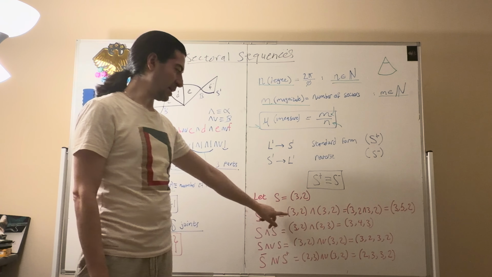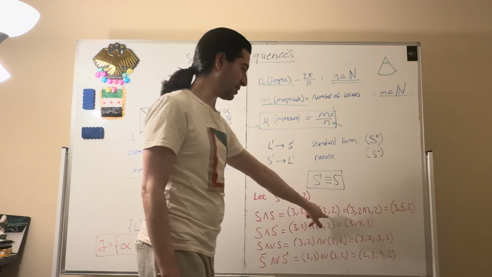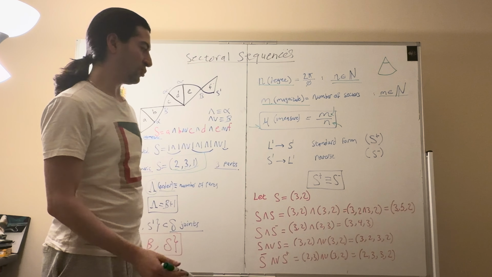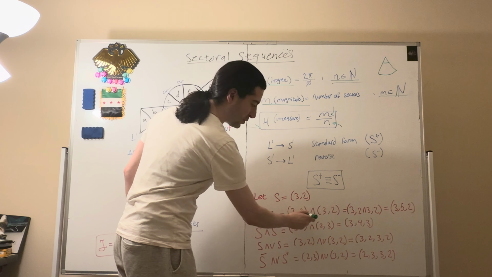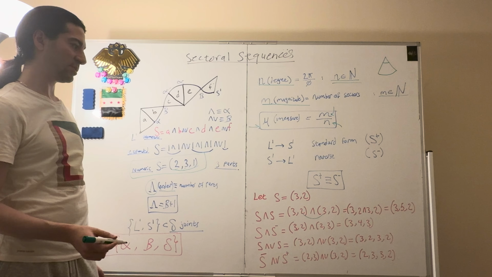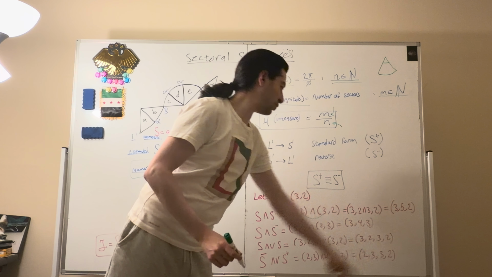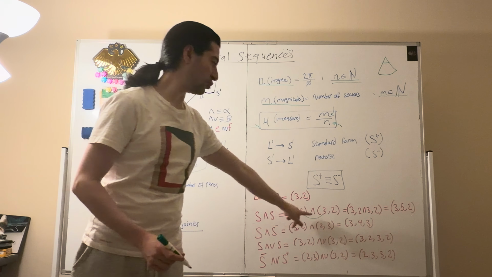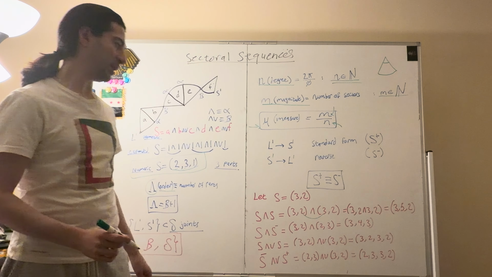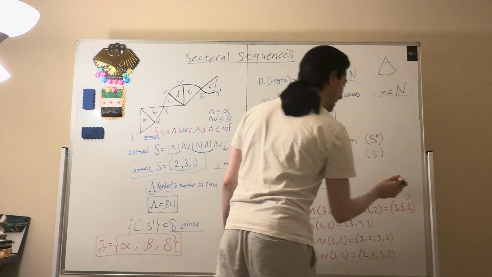So we say 3, 2 continuous with 3, 2. What I do in this case, since it is continuous, is we attach these two sets of sectors and we end up with 3, 5, 2. So we added the 2 and the 3 together and we ended up with a sectoral sequence made of 3 parts.